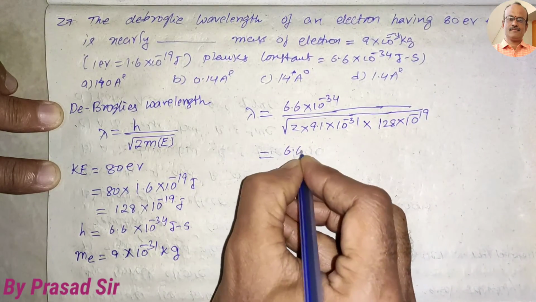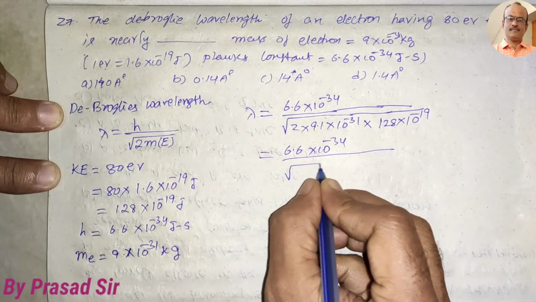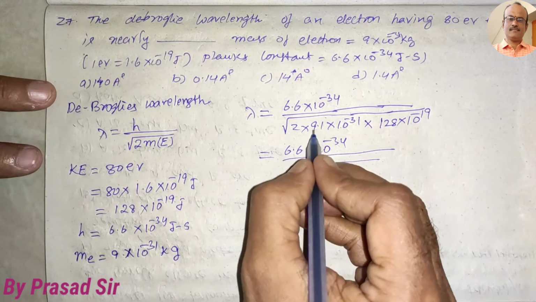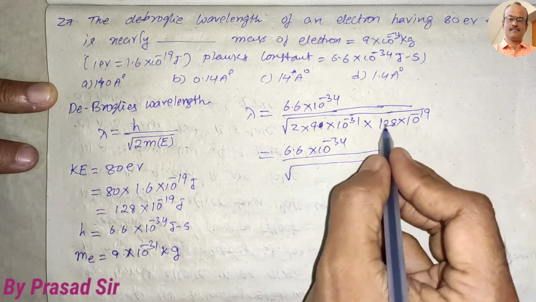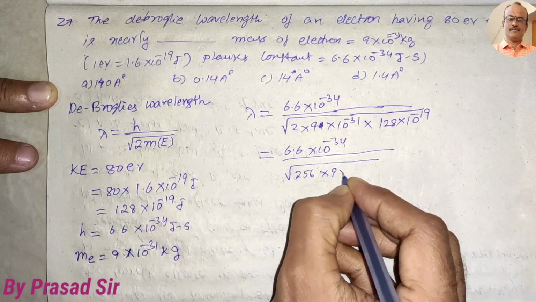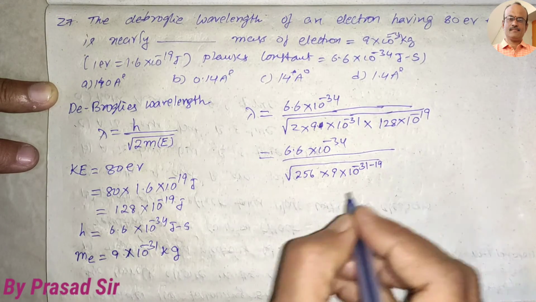So 6.6 into 10 to the power of minus 34 divided by square root of, 9.1 is only 9 here, 2 into 128 is 256, into 9 into 10 to the power of minus 31 minus 19.